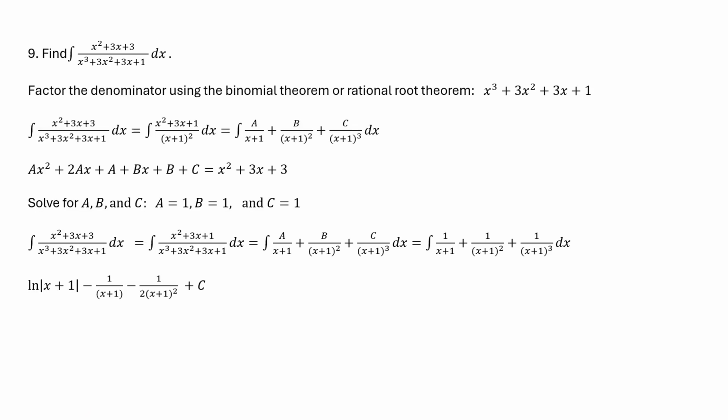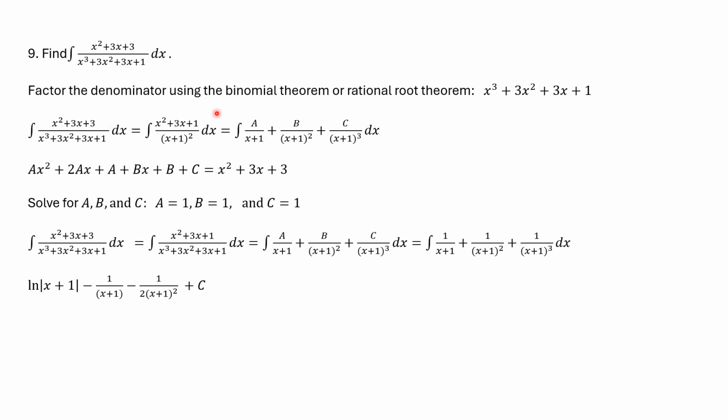Find the integral of (x squared plus 3x plus 3) over (x cubed plus 3x squared plus 3x plus 1). Looking at this one, it might look a little hard to deal with the denominator and factor it, but it's not.